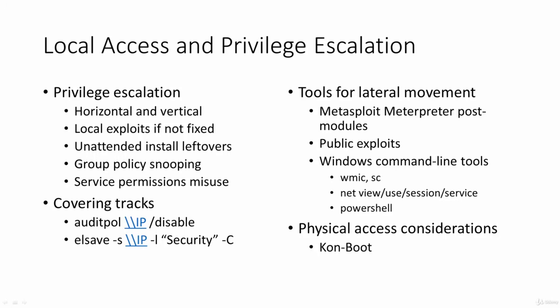So this is the tool that I have used, for example, in this instance when I had access to a hypervisor, but had to proceed further and compromise the domain controller that was running on it.